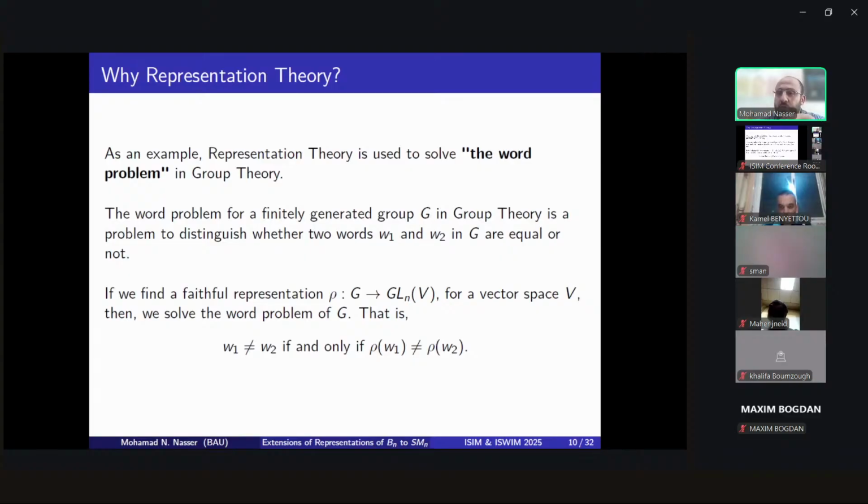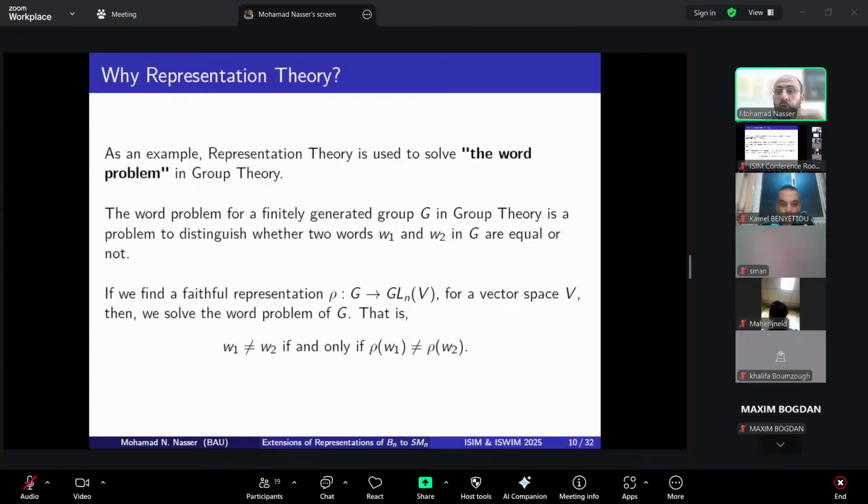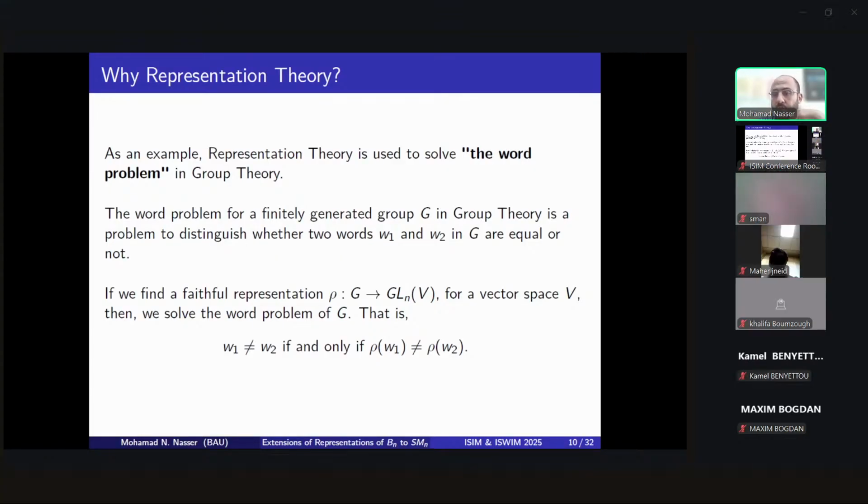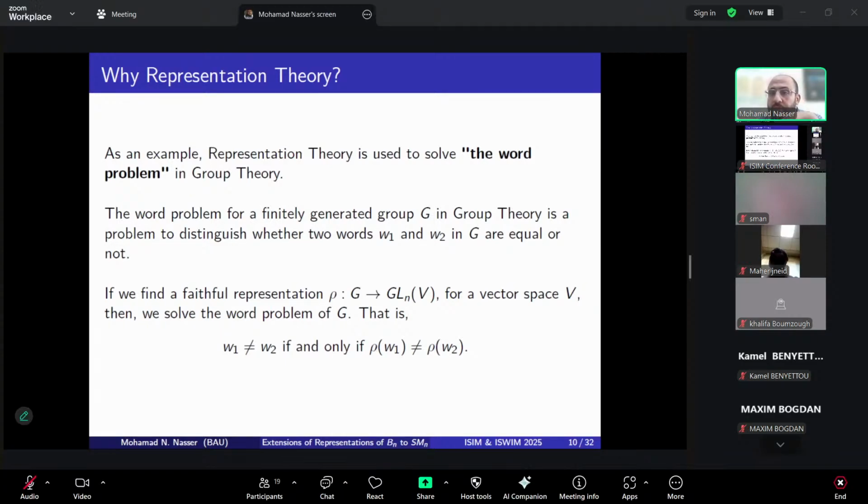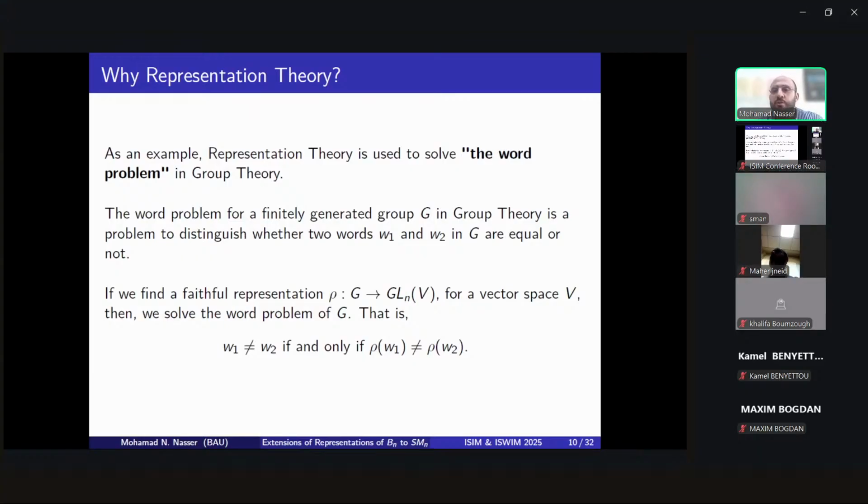With representation theory, if we can define a faithful representation, a one-to-one representation, we go from the world of groups to the world of matrices. Now, to distinguish whether two elements are different or not, we just want to study their matrices, and studying matrices is much easier than studying complicated words.